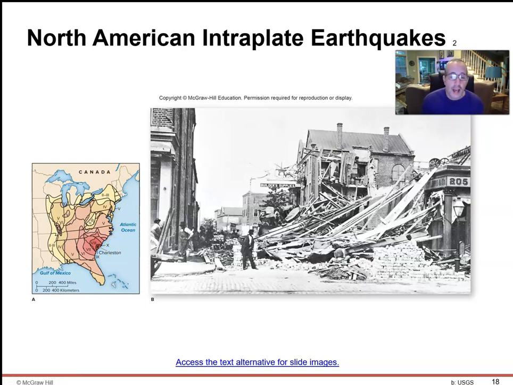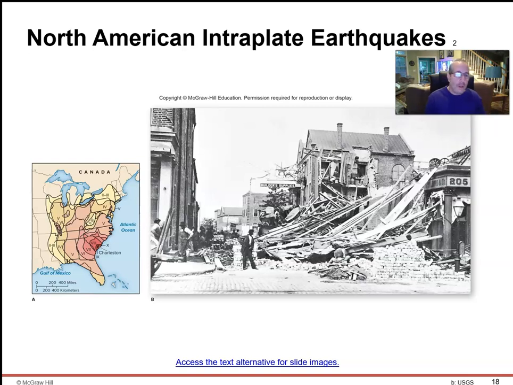And as I said, the last major one was in 1811, 1812, basically before we started building any of our current infrastructure here. So there are no building codes for earthquakes. So we construct our infrastructure, our roads, our homes, our businesses, any buildings, and we don't take that into consideration.